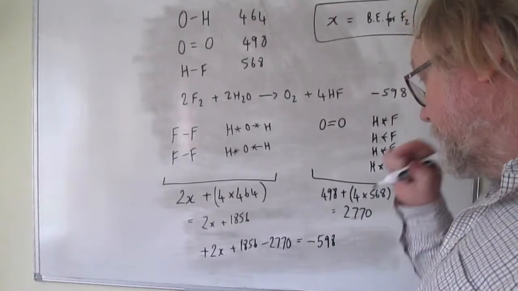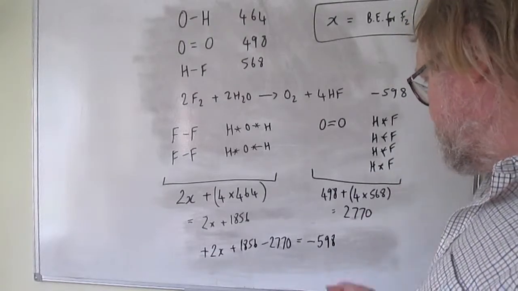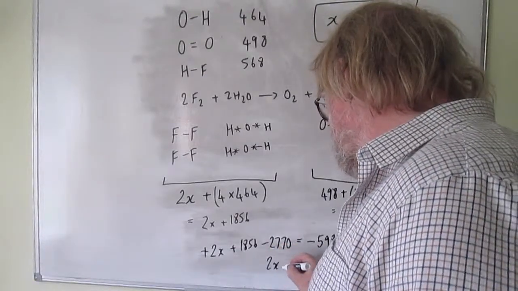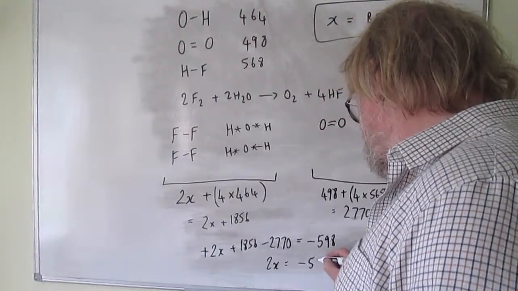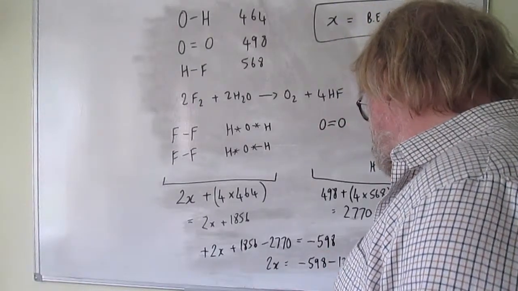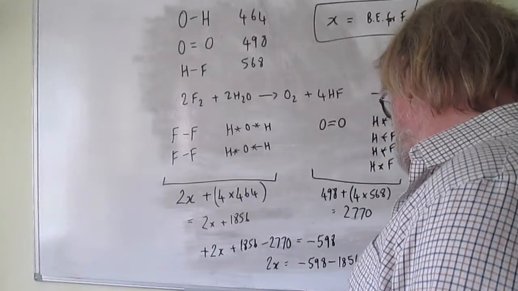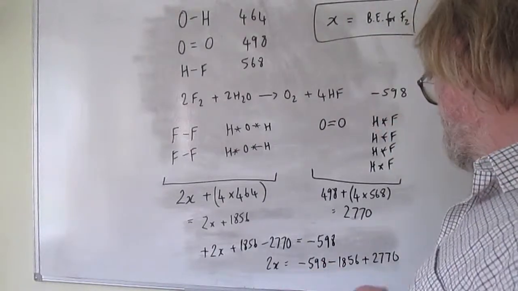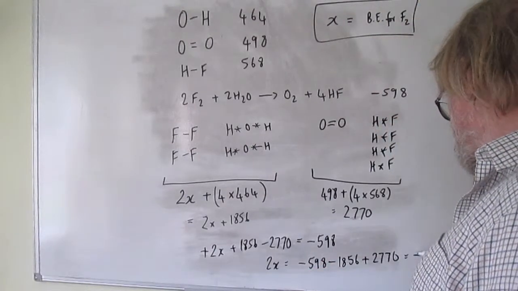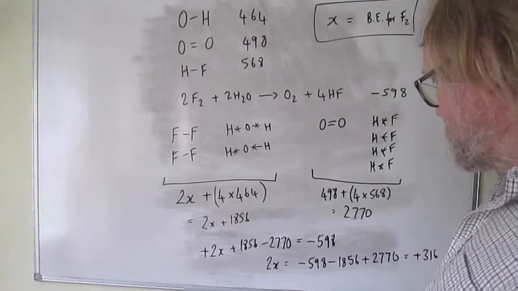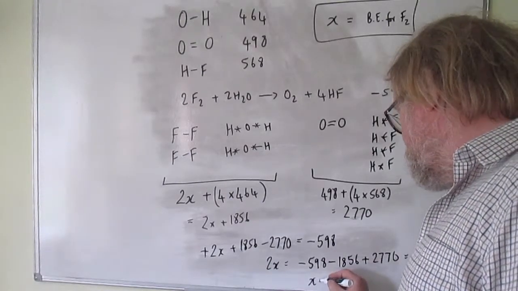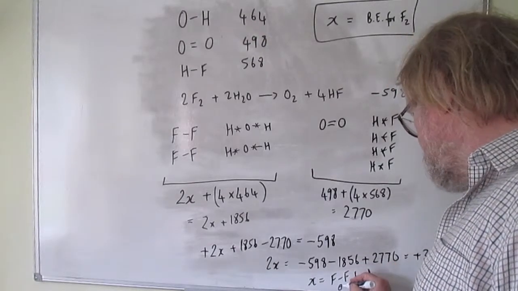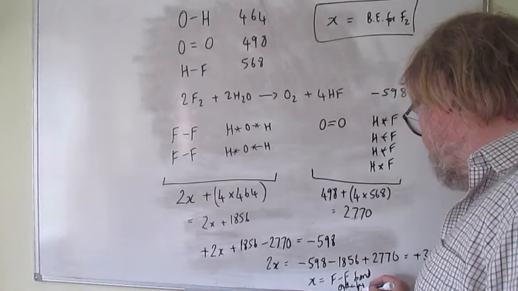So we can just rearrange that to solve for x. So we get that 2x is equal to minus 598 minus 1856 plus 2770, which is equal to plus 316 kilojoules per mole, and therefore x, which is equal to the FF bond enthalpy, which is what we want, is just half of that number.